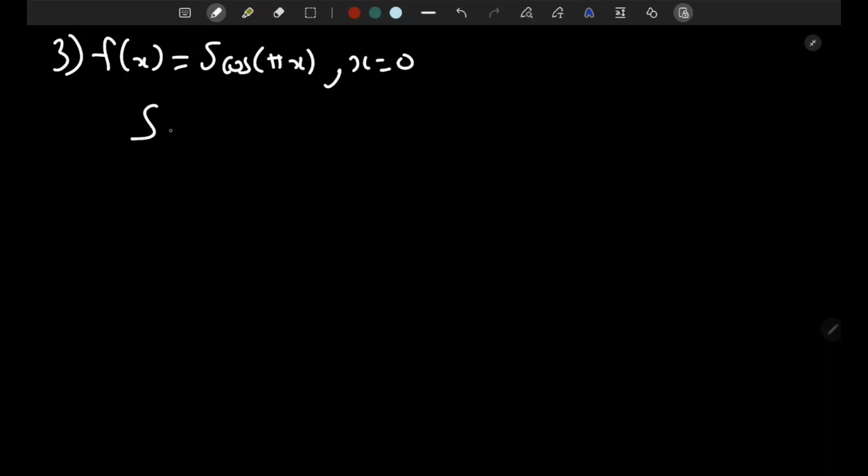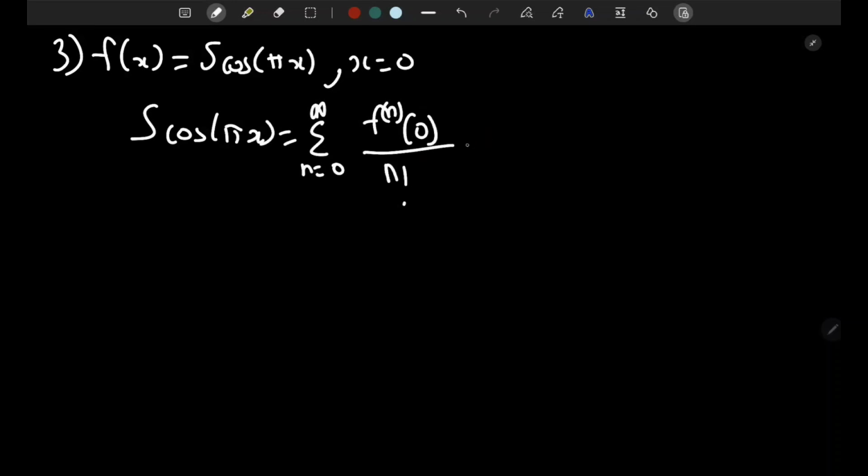We have 5 cosine pi x, sigma of n is equal to 0, f of n-th derivative at 0 over n factorial multiplied by x to the power of n. The first thing that we notice is there is a 5, which we can just remove for now and multiply by this series later on, because it will be simpler to find the derivatives and all that.